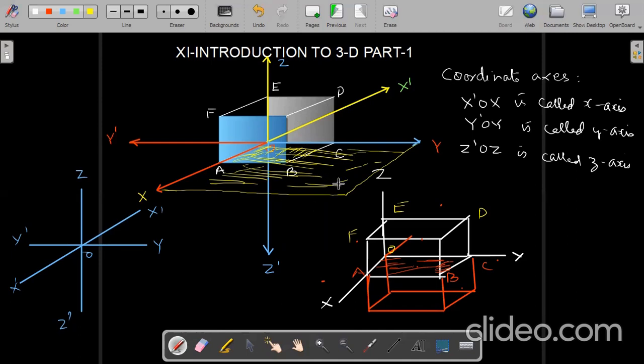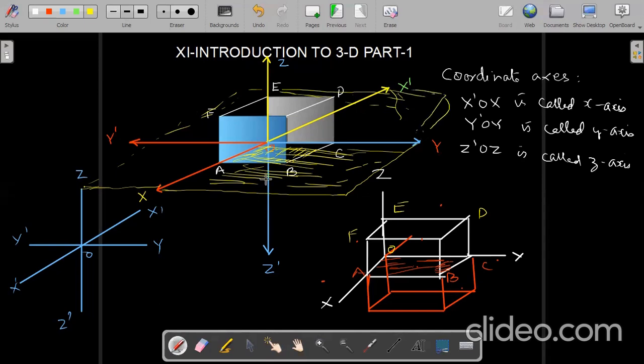XY, YZ, ZX is one plane only, because this will be one plane and it will be extended to this part here also. So we are not considering 2 planes. There will be 3 planes only. In 3D you will find 3 planes. This plane is extended to this part also. Okay, got it?